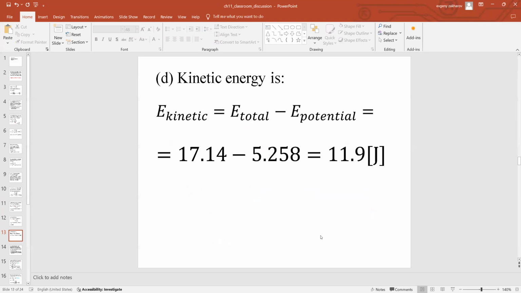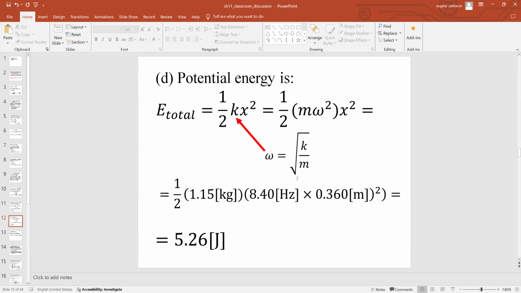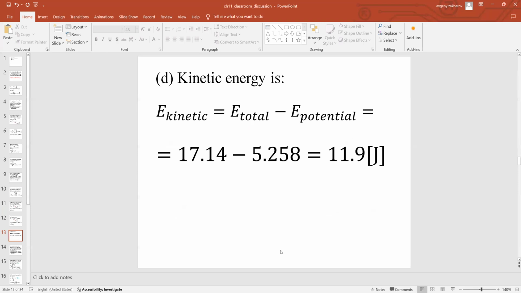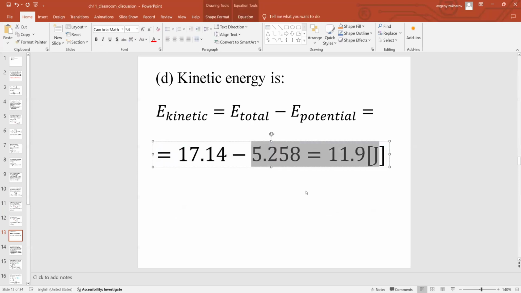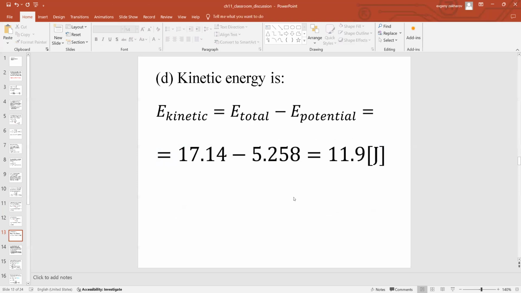Yeah, and what is kinetic energy? Every time you have a certain value for potential, you can say, oh, and the rest is kinetic, or vice versa. What is kinetic? It's the total take away the potential part. So if the total is 17 and potential at some point is 5, then the remainder is 12 for the kinetic, because mechanical energy is conserved at every time.